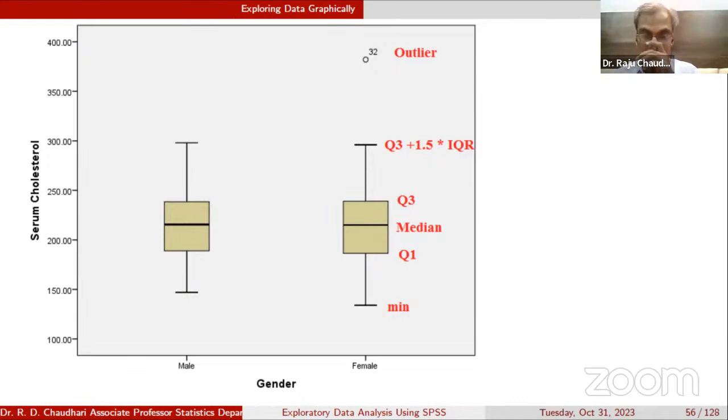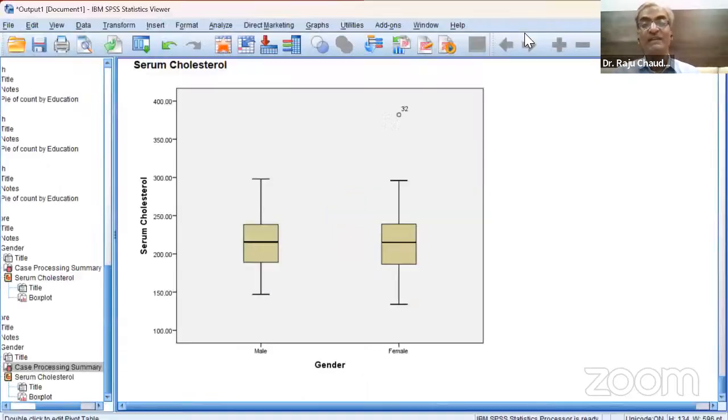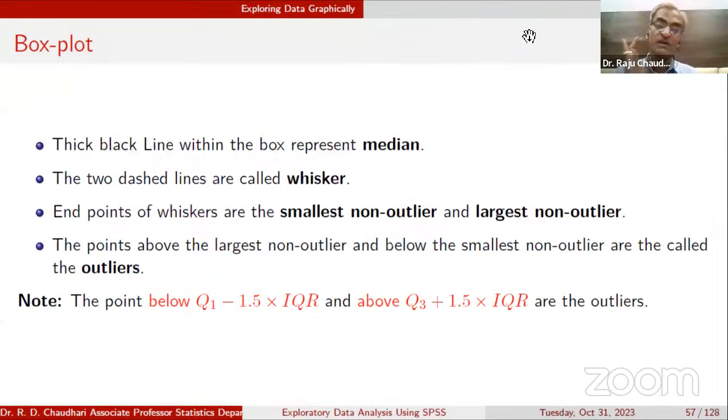So we have a separate statistical technique. That technique is known as imputation. We replace the outlier by the average value of the entire data or the median or any other measure, right? So there is a separate technique. Okay, so this is how we can create a box and whisker plot. This is the same thing which I have explained earlier, right?